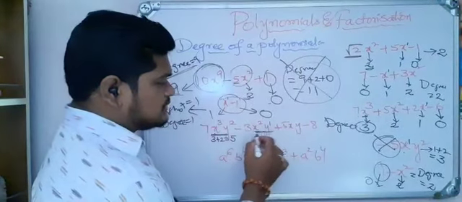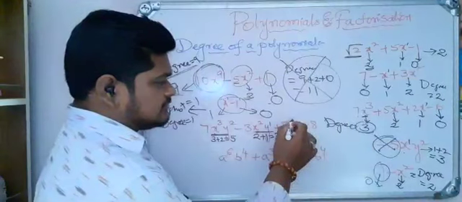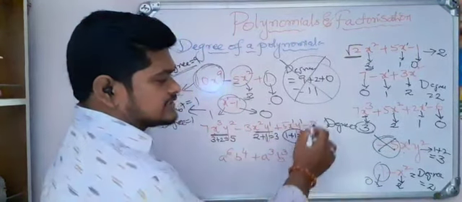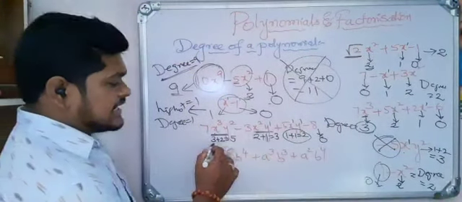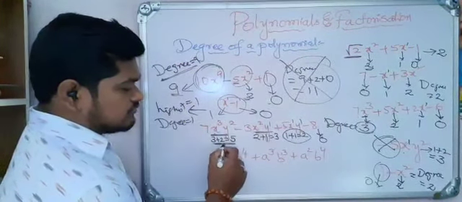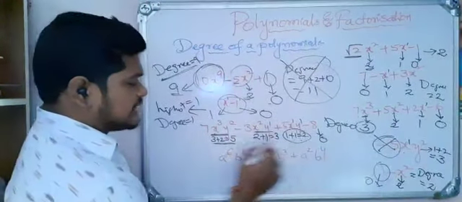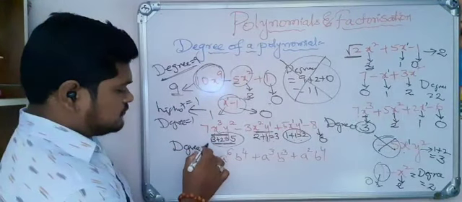So you add these two powers, 2 plus 1, that is equal to 3. Next here x power 1, y power 1, so 1 plus 1 is equal to 2. Next, this is a constant polynomial, degree 0. Select the highest among the total 4, because it contains 4 terms. Here 5, 3, 2, 0. Highest is equal to 5, no? So degree is equal to 5.